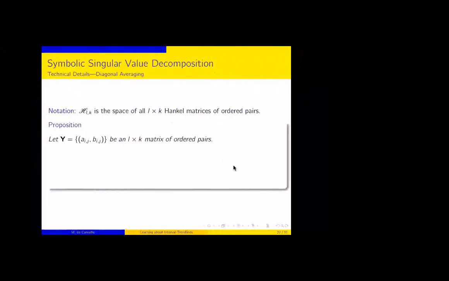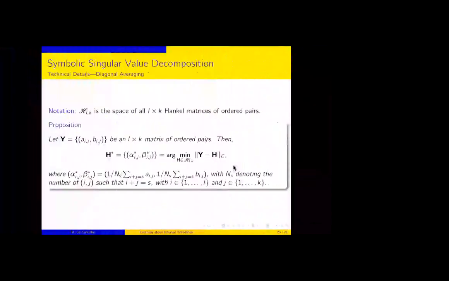And what can be shown is the following. If you start with a matrix of ordered pairs where you have your raw data, and you would like to assess what would be the closest element in the space of Hankel matrices of ordered pairs, what happens is that the closest element is simply given by taking the corresponding averages over the anti-diagonals, as can be seen from here.